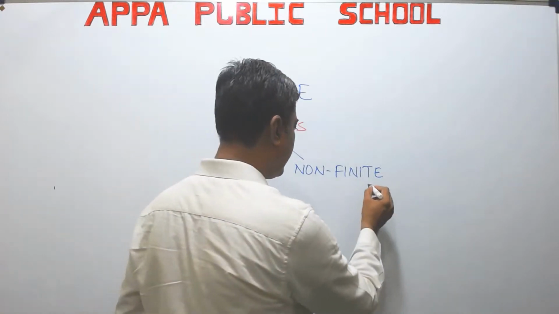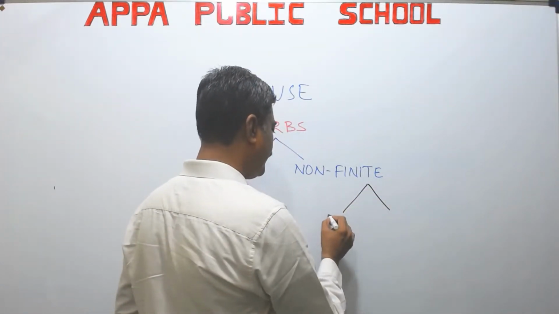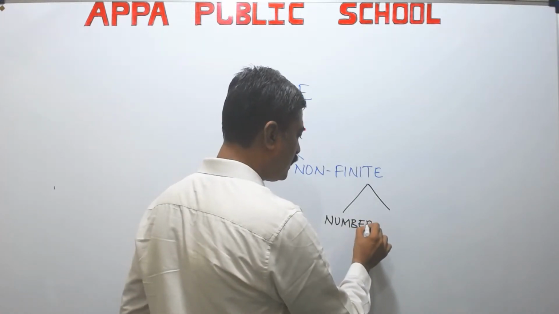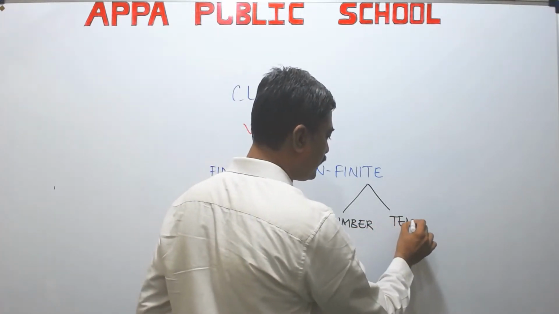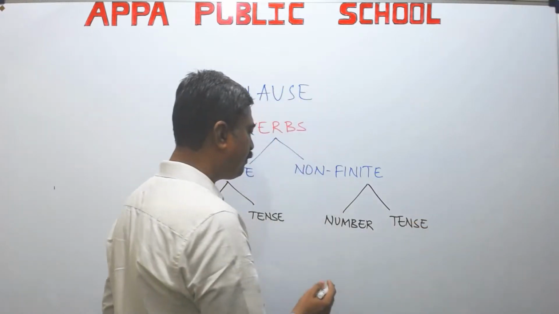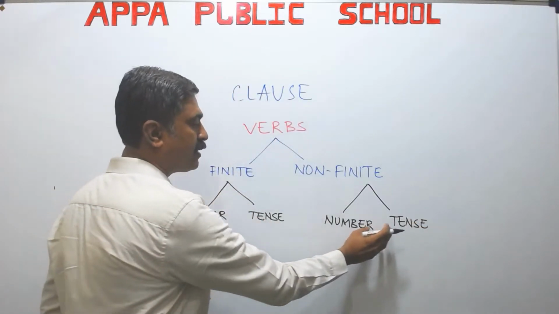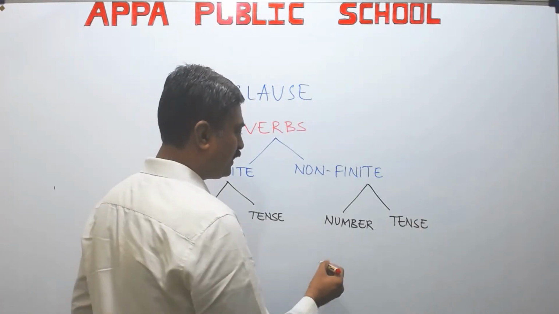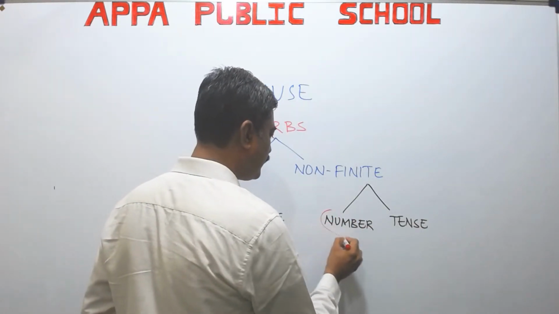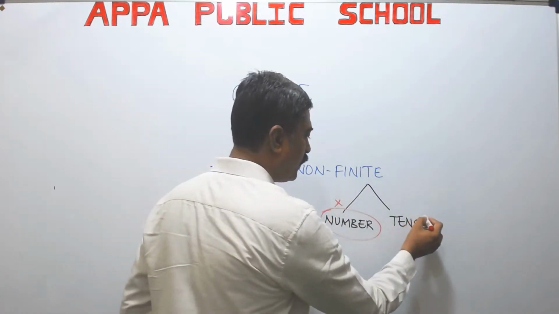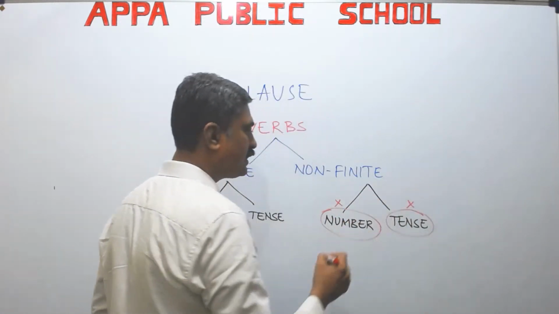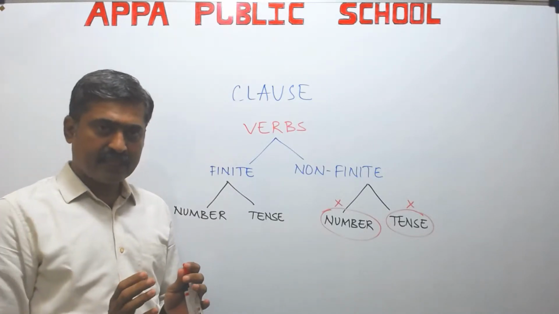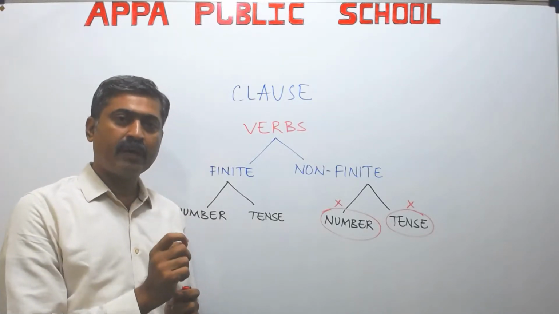Obviously, if we look at non-finite verbs, they neither mention the number nor the tense. These non-finites all depend upon the finite verbs to get the number and tense. So let's put it this way. It neither gives the number nor tense. That's why they are non-finite. So let's try and see which verbs are non-finite.